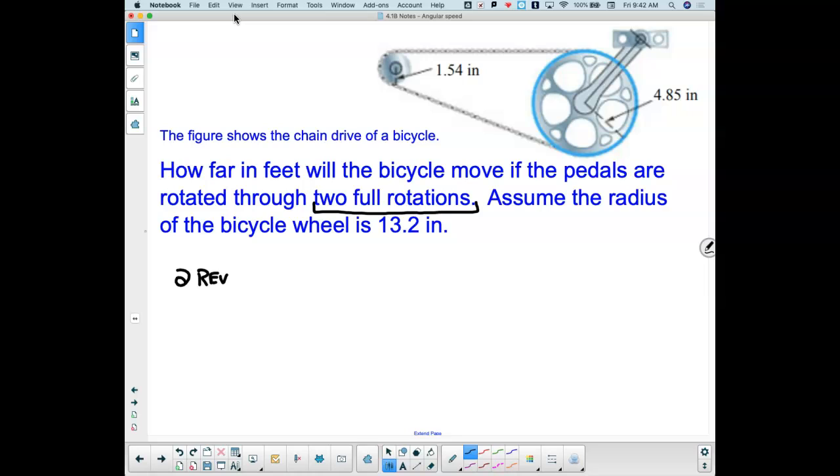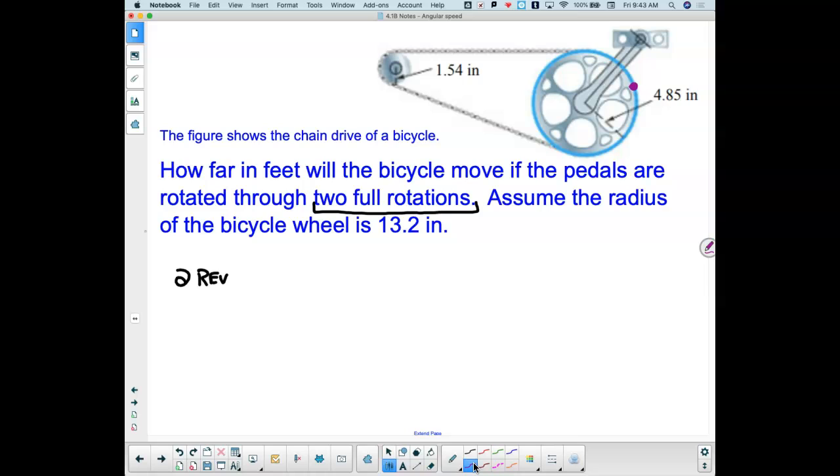What rotated twice? The pedal. The pedal rotated twice. So right now, you're sitting as if this were a dot on the pedal that rotated around twice. We need to get to the linear distance that the bike moved.